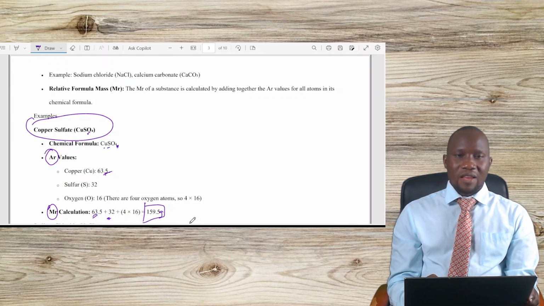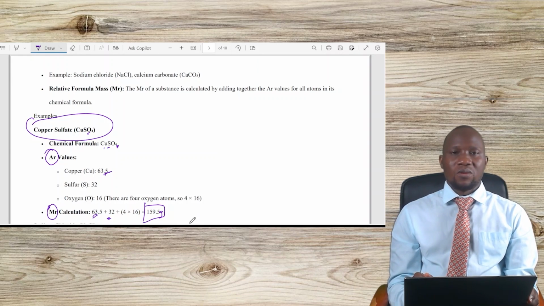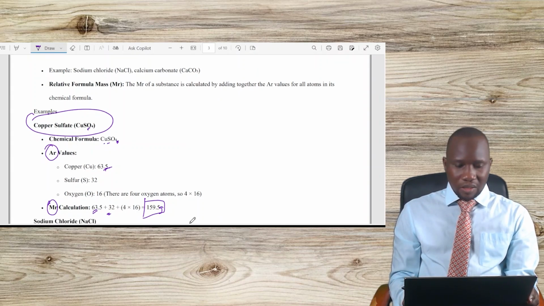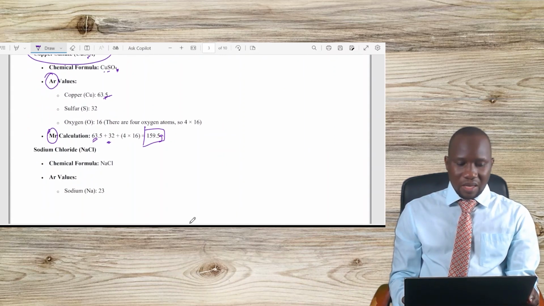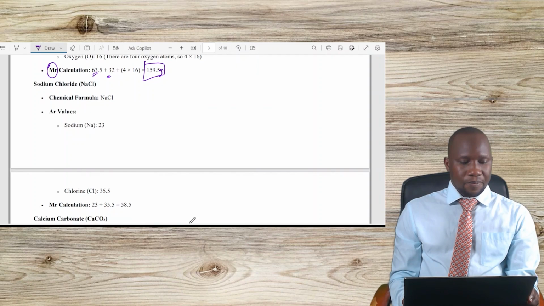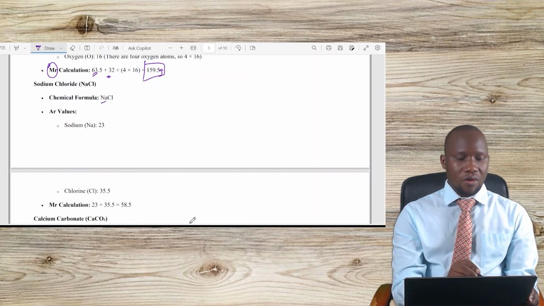Okay, and then when we look at the concept of moles, you will see that we can talk about grams per mole. But for now we just keep it like that. Sodium chloride. So how many atoms of sodium? 1.